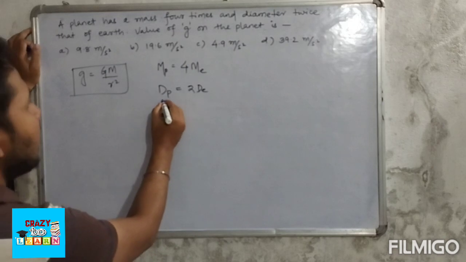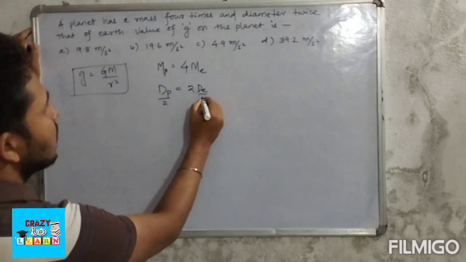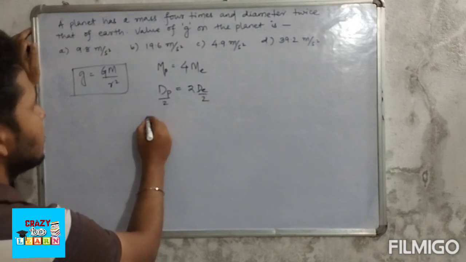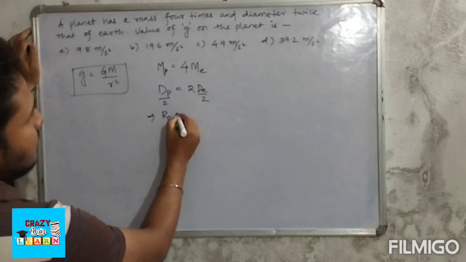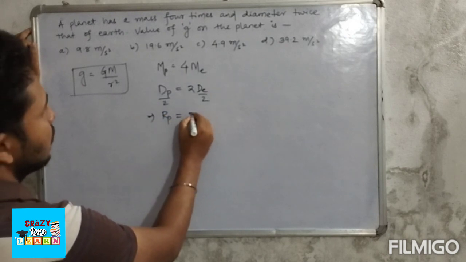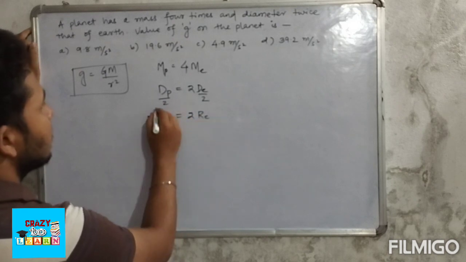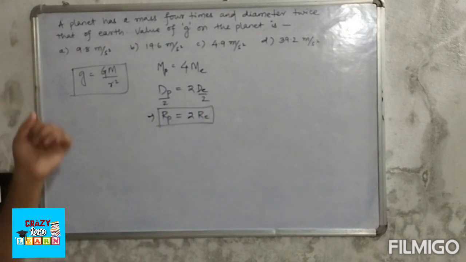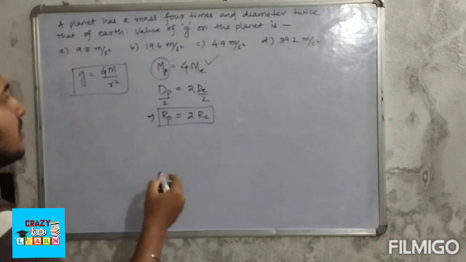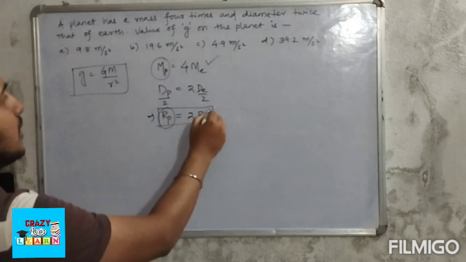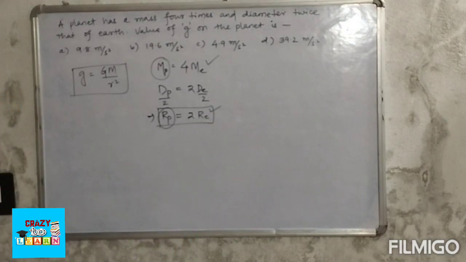If we divide both sides by 2, we will get the radius: the radius of the other planet is 2 times the radius of Earth. Clear? So the mass of the other planet is 4 times the mass of the Earth, and the radius of the other planet is 2 times the radius of the Earth.